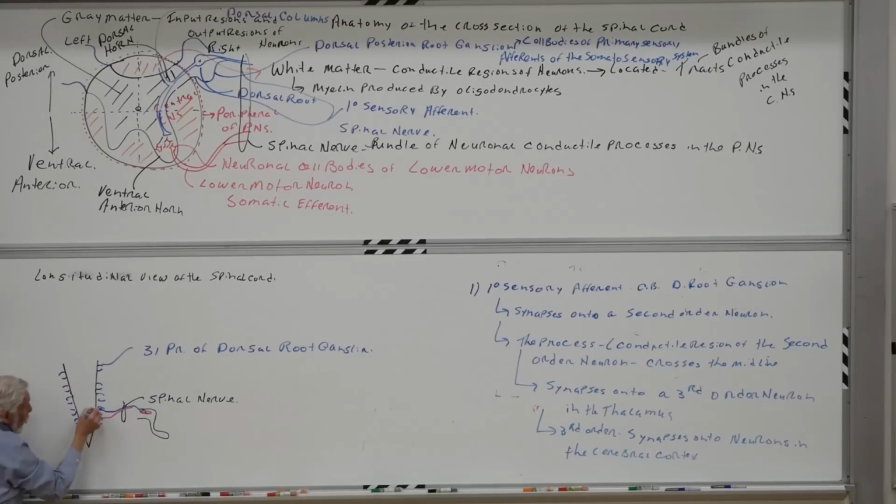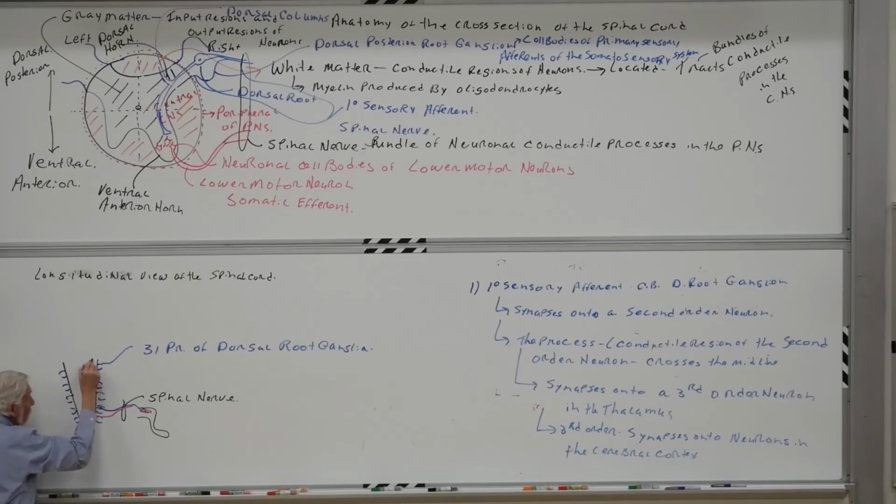So while it's true, as we showed in the cross-section, this neuron synapses onto the lower motor neuron, it also has another branch that enters the dorsal columns. And you can follow that branch all the way up the spinal cord into a region up here known as the brainstem.